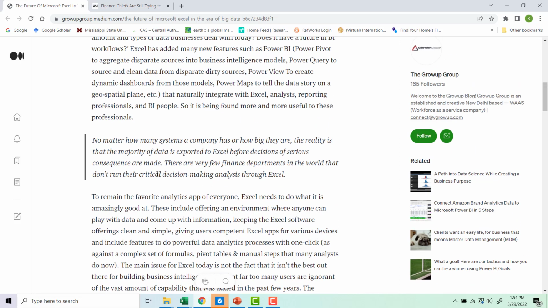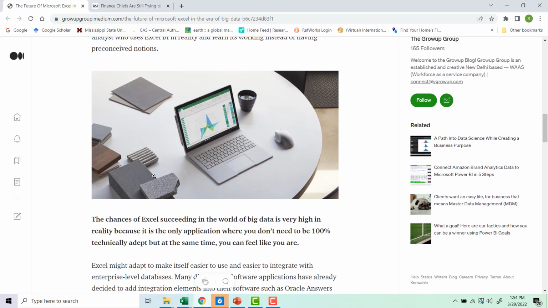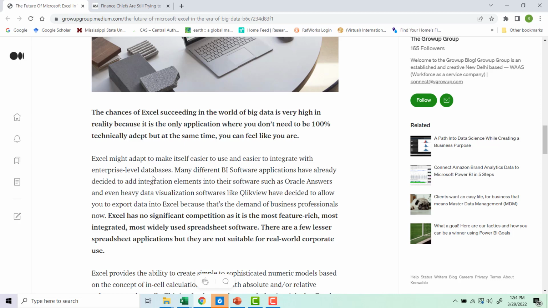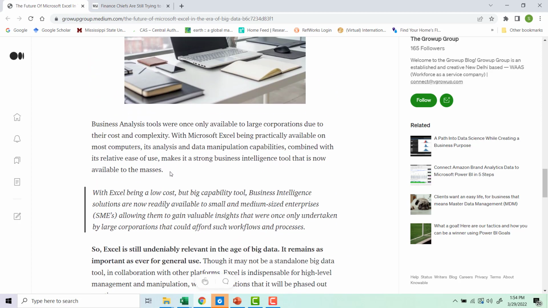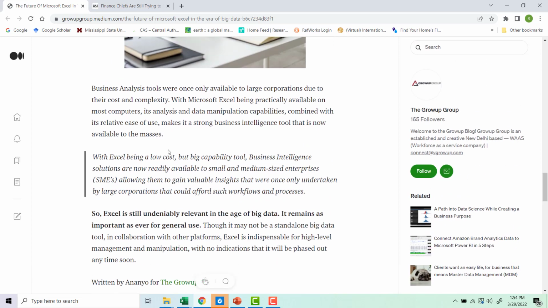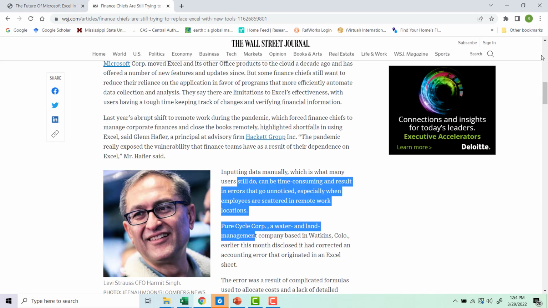We have Power BI. So he talks a little bit still about the importance of Excel, how it still has a certain segment of the market without competition. So this is quite a pro Excel article, but it notes that general business intelligence systems are beginning to chip away at that market and take some of that functionality.